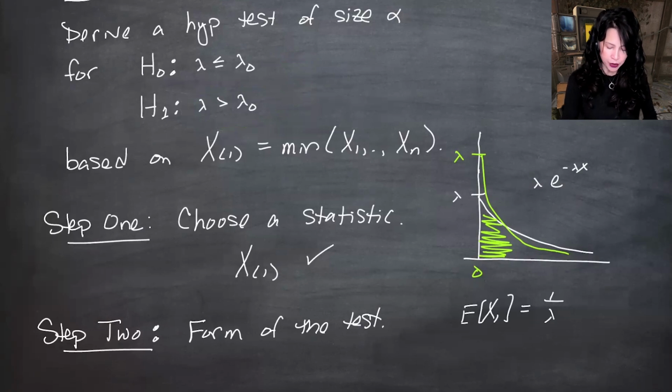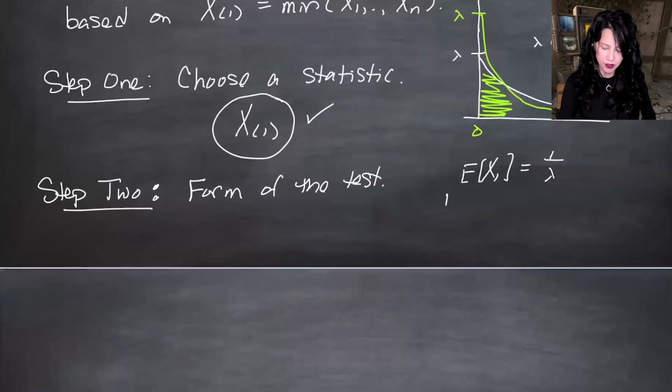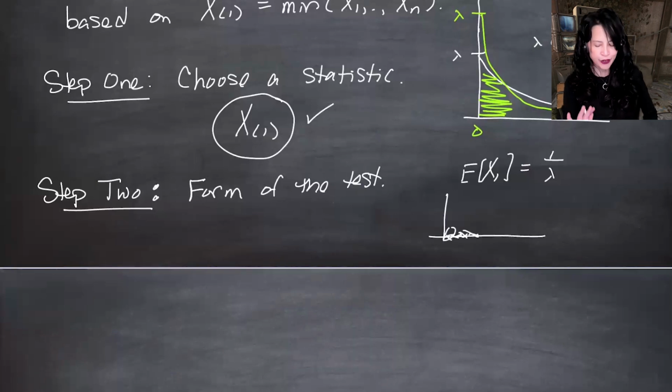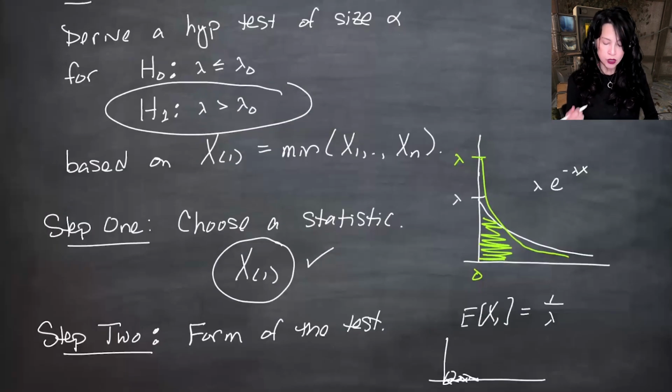We look at our statistic and we say, if this alternative is true, what happens to this statistic? Honestly, the minimum, especially if you have a large sample, is just going to be stuck down by 0. It's not going to show you very much, but all numbers in this distribution are going to tend to be smaller when this is true.